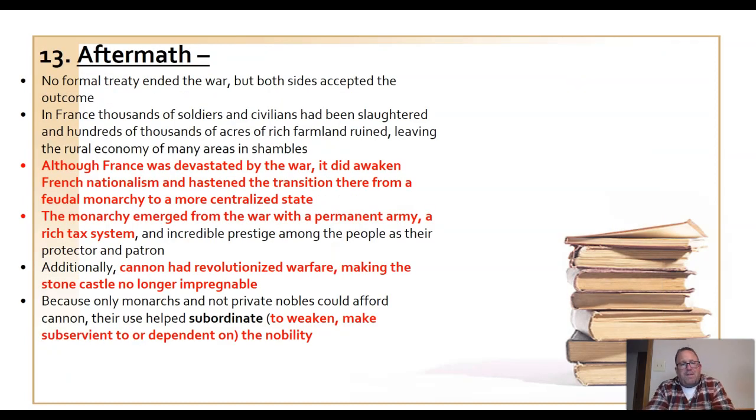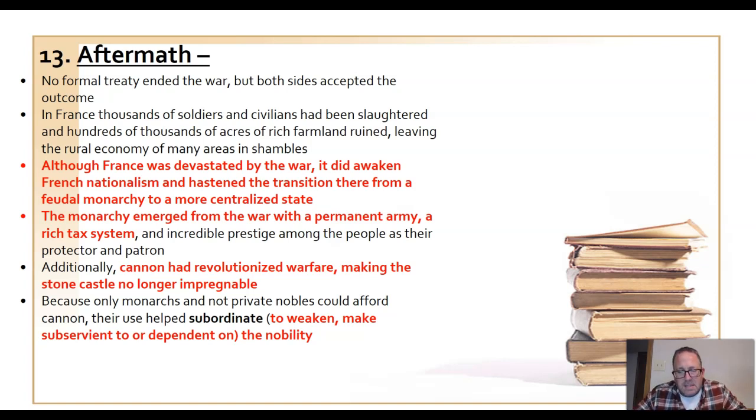All right. So France is just destroyed because the country had been laid waste to. So it's going to take them a long time to recover. But there is something important that you need to know. Okay. And that is this sets in motion a very important change in France, and that is the king, the monarch, begins to consolidate his power, okay?